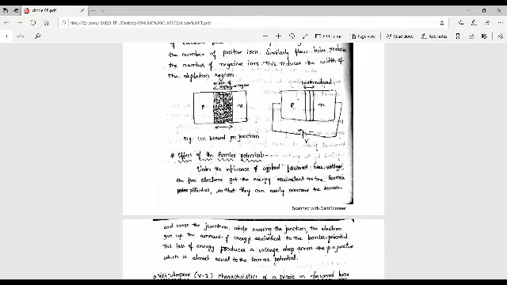While crossing the junction, the electrons give up an amount of energy equal to the barrier potential. This loss of energy produces the voltage drop across the PN junction, which is equal to the barrier potential.